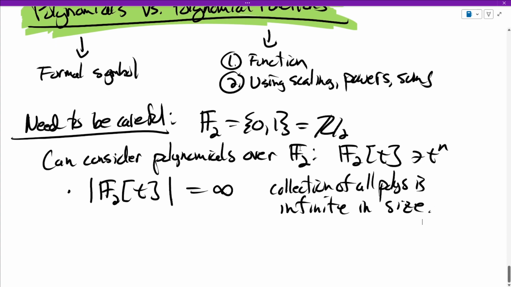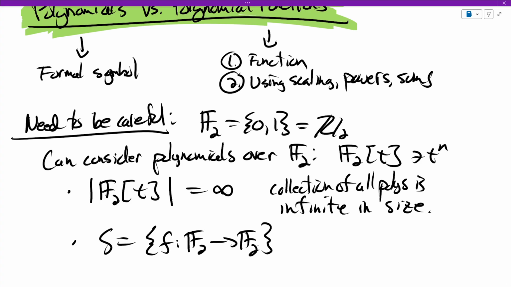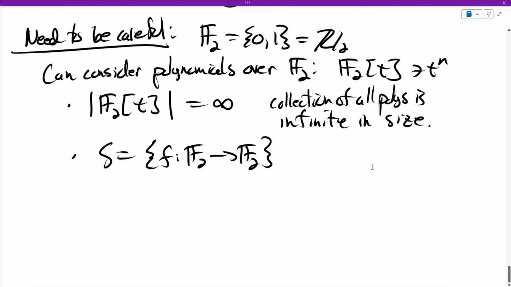All right. Let's now let S be the collection just of all functions from F2 to F2. So what does it mean to define a function from F2 to F2? Well, you've got to send 0 and 1 somewhere. How many options do we have to send 0? Well, we could send 0 to 0, or we could send 0 to 1.